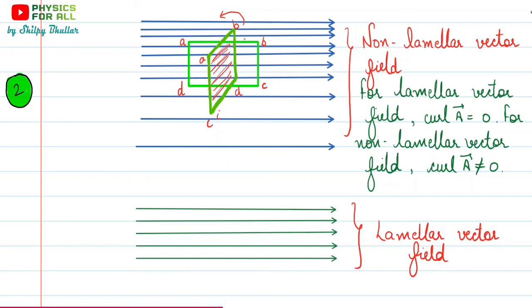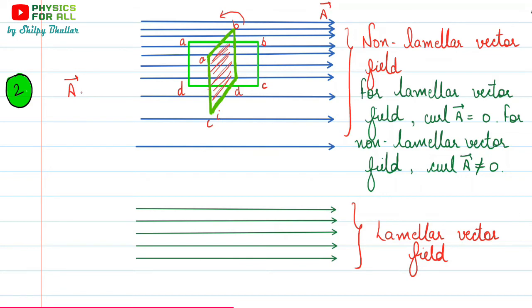the vector field. So if that's the case, then the line integral round the path ABCD would be what? What would it be if we try to find line integral? How do we find line integral? Line integral means single dimension. And of course, we would find it of some vector, which is our vector field A. This is the vector field A that we have shown.